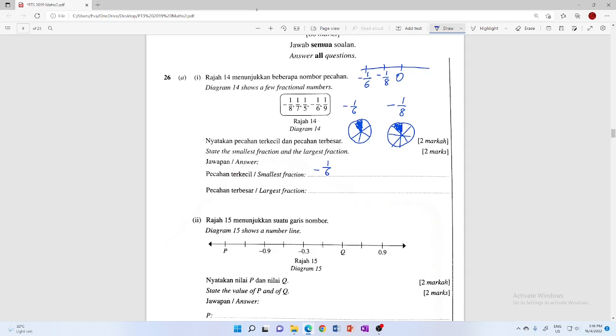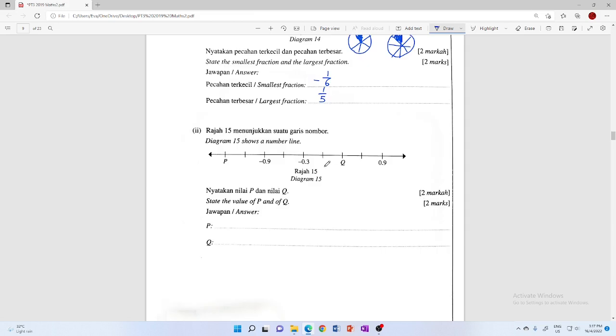And for the largest fraction, the same thing: the positive fraction with the largest piece. The largest piece of course is 1 over 5. You have 1 cake, you divide it by 5 and you get 1 piece, rather than dividing it by 9 pieces and getting 1.